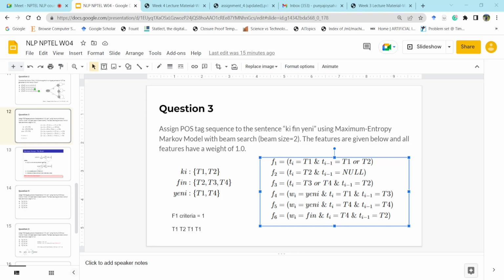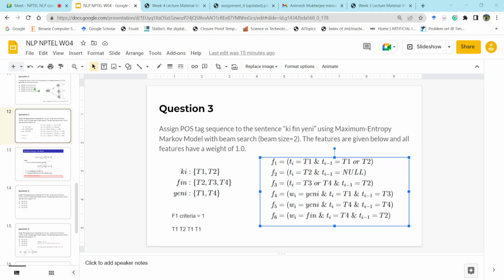Do you have any doubts? So this summation is 0 for this case because we do not have any features satisfying. We will look into Z later, but basically what we have is 1 by Z into e to the power 0.